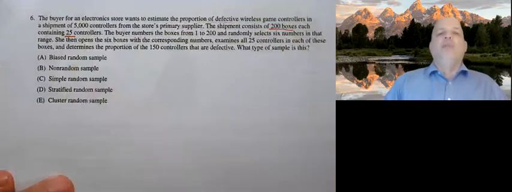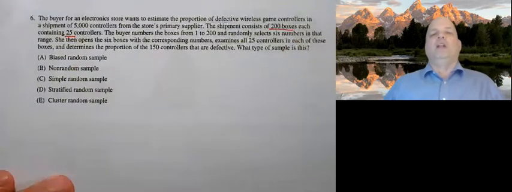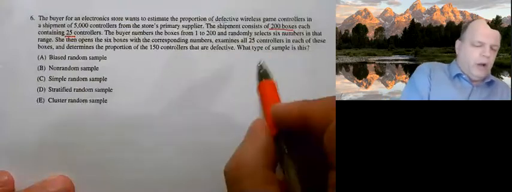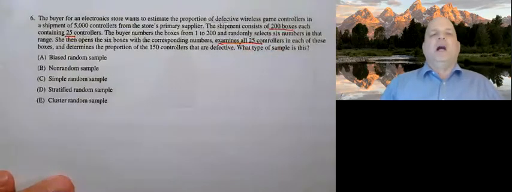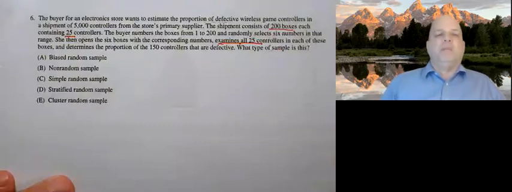She then opens the 6 boxes with the corresponding numbers and examines all 25 controllers in each of these boxes. This is really important, all 25 in each of the boxes, and determines the proportion of controllers that are defective. What type of sample is this?